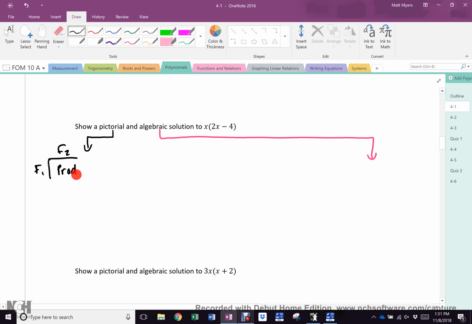What is the first factor here? What's the first factor you see? X. So I'm going to put factor 1 on one side. X. Agreed? Factor 2 is going to go here. What's factor 2? 2 x's. So there's 1x. There's a second x. And minus 4.